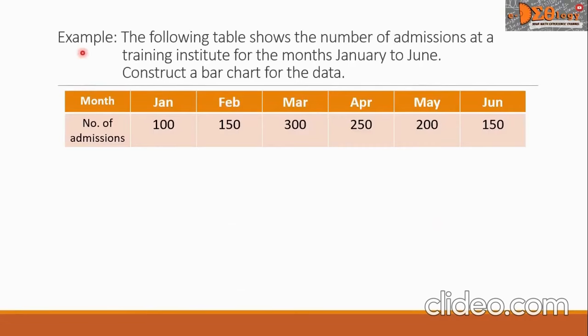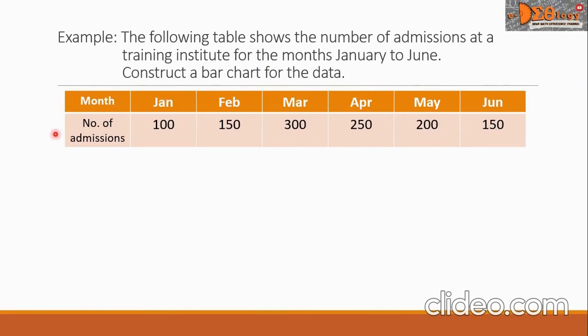Let's have an example. The following table shows the number of admissions at a training institute for the months January to June. Construct a bar chart for the data. We have a table here with 2 rows. The first row is for category month, and the months are listed January, February, March, April, May, and June.